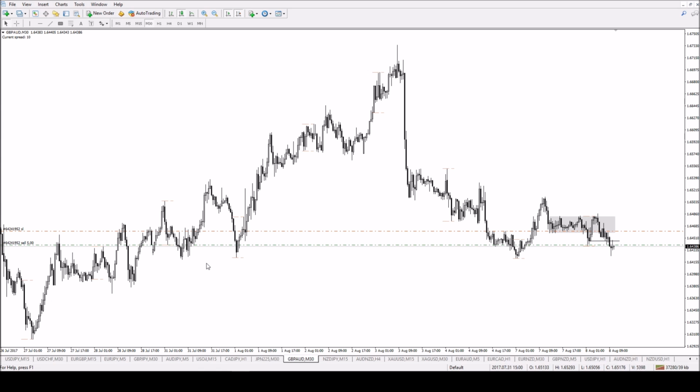We've got a lot of stops building up under these lows here, so we still have to take out these lows here. Anyways, get the picture. I can't draw a straight line for some reason. Yep, we'll see how that goes anyway. So I still think Pound's going to be weaker than Aussie, and Kiwi's going to be weaker than Aussie.